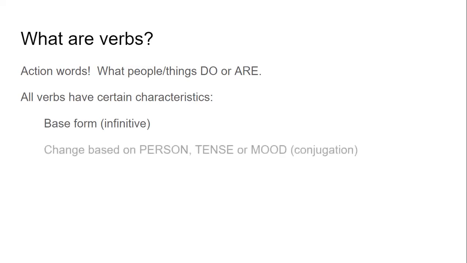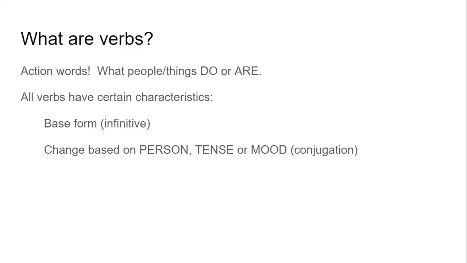And then the infinitive changes based on who's speaking, who or what is performing the action, which is known as the person, when the action takes place, which is known as tense, and sometimes other information that shifts the meaning based on the intent or position of the speaker, and that's mood. And all of these changes are called conjugation. The act of conjugation is changing a verb from the infinitive to fit the right person, tense, and mood.